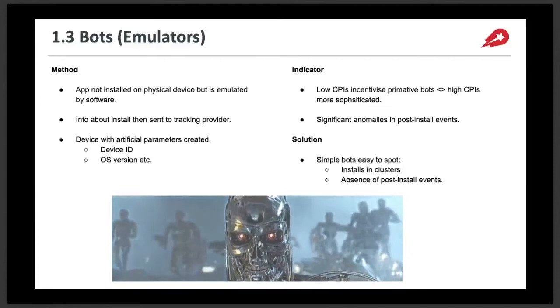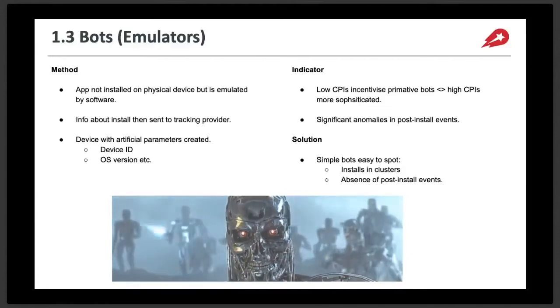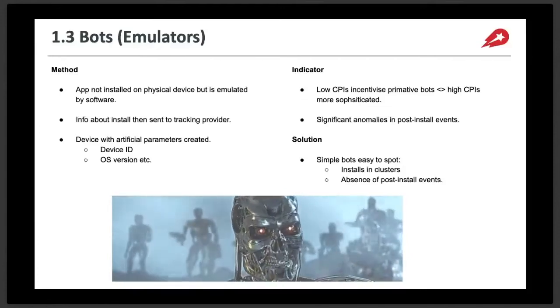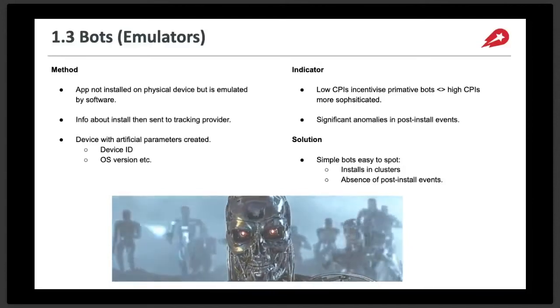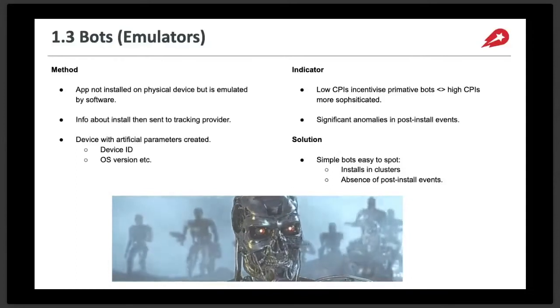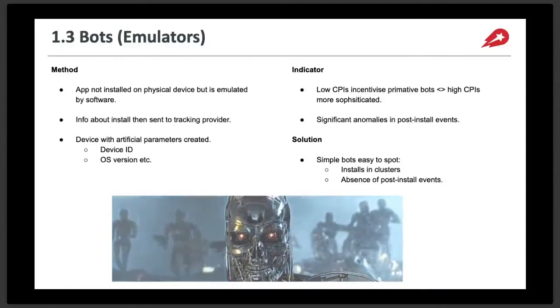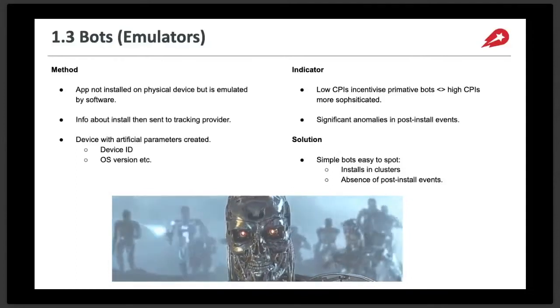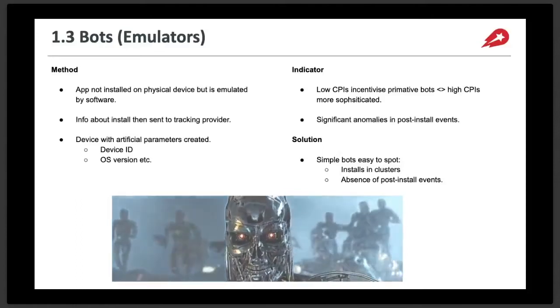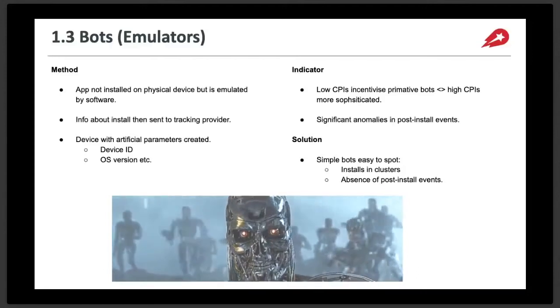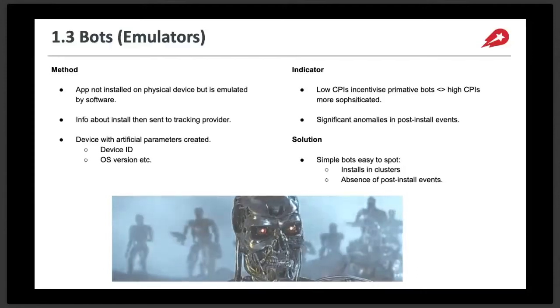So this is apps that are installed not on actual devices or people's devices, but emulators. If ever you've played Game Boy on your phone or PlayStation on your computer, you'll be familiar with emulators. The info about the install is then sent to your tracking provider, and it will come up in your mobile measurement partner, in AppFollow or something, one install, which didn't really exist.